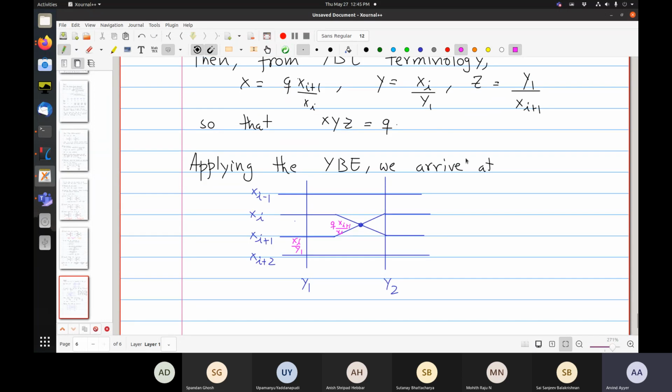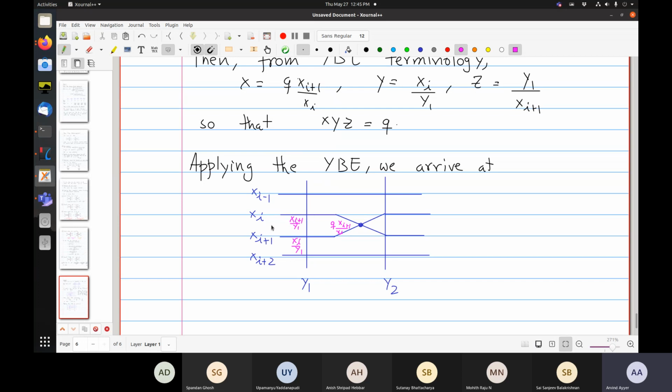Remember, that's y. And z is y1 by xi plus 1. But if I put it over here, it's again xi plus 1 by y1. Here it would have been y1 by xi plus 1, but I moved it here. So again, both are in the bottom left positions, exactly as in the original configuration.